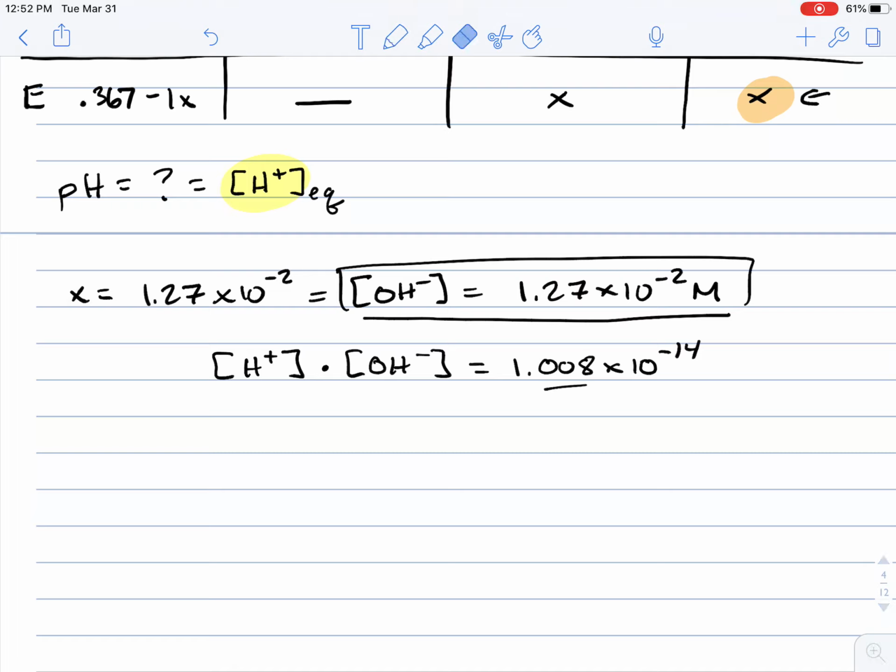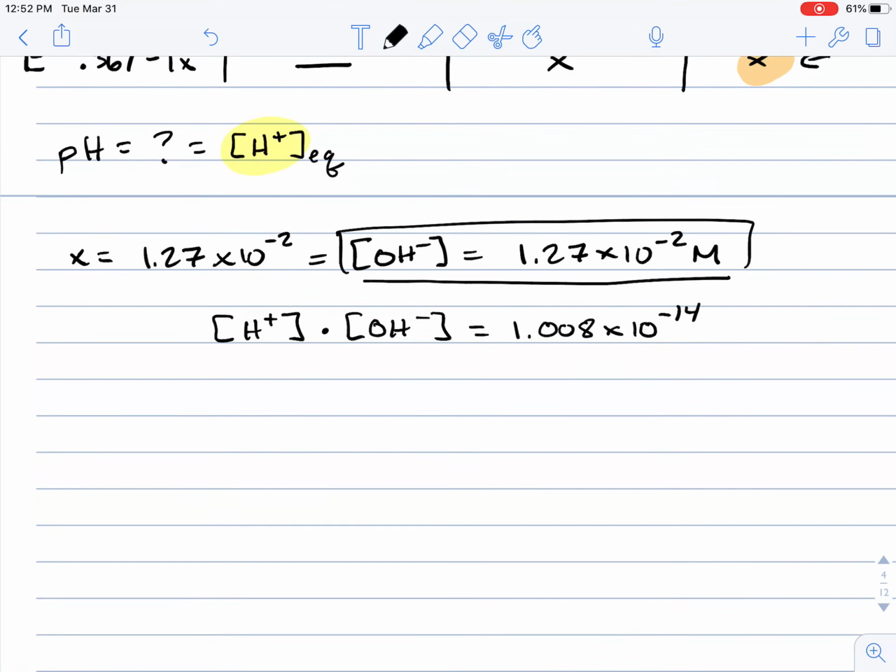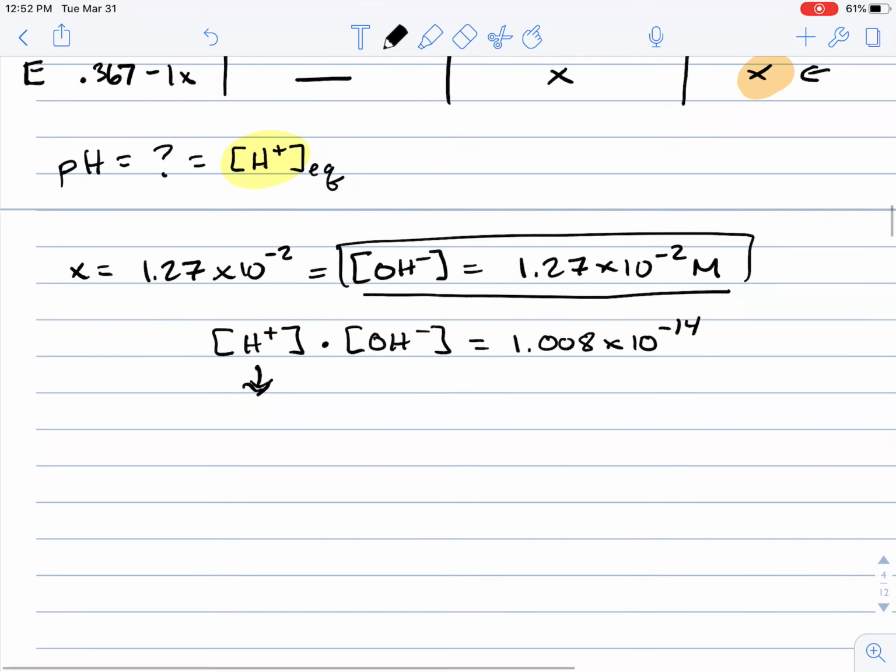Here in this case, I'm just going to show all the significant digits for Kw. All right, so we're going to go ahead and solve for H+, times the concentration of hydroxide, which in this case is 1.27 times 10 to the negative 2.